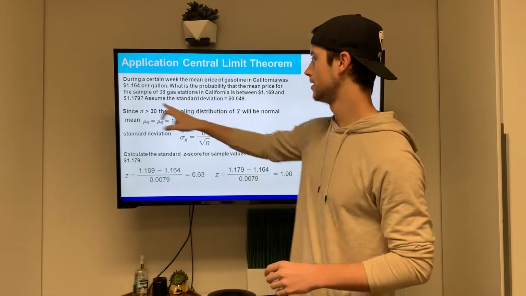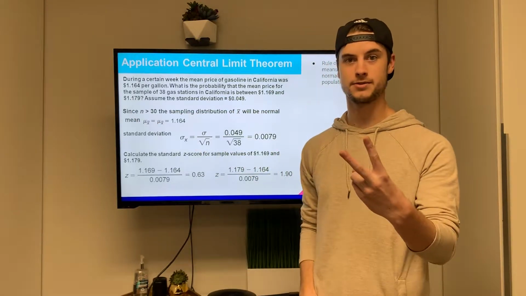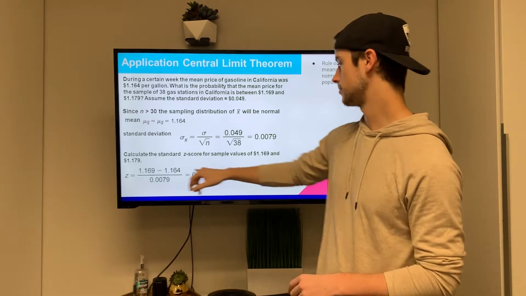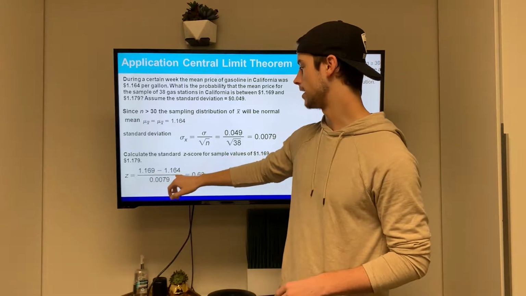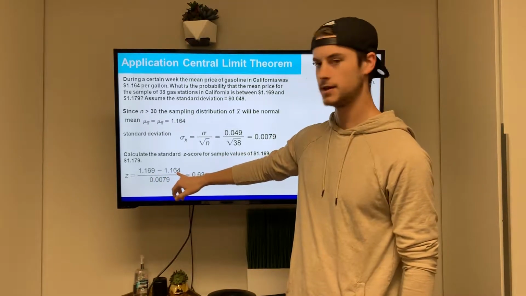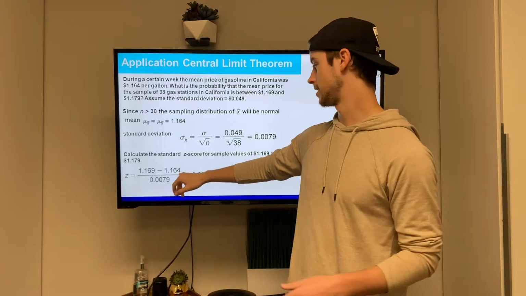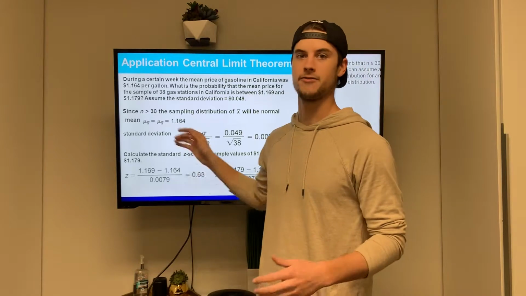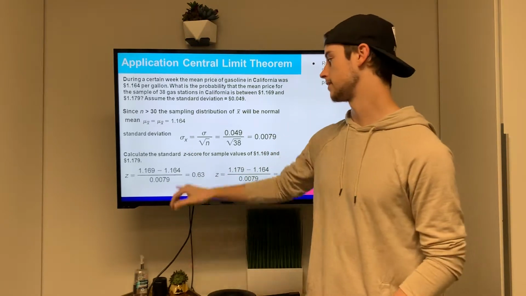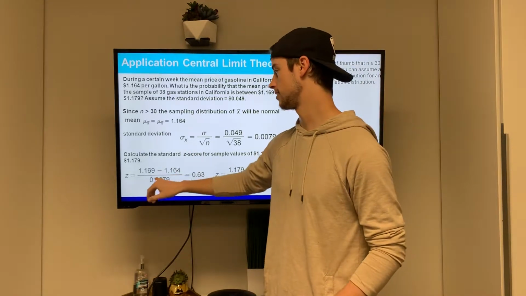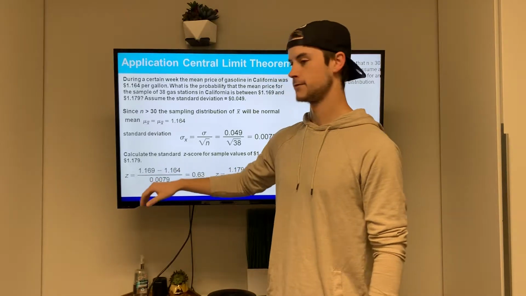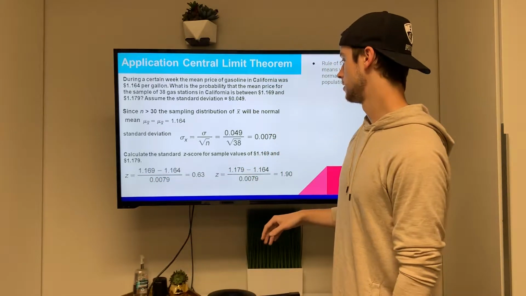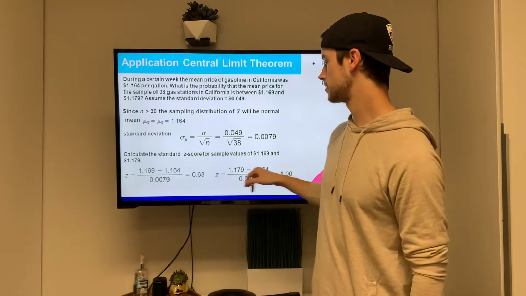We have this one and this one. So we have to find two different z-scores, right? So in this case, we have 1.169 minus our sample mean, which of course is our population mean. But since we're trying to find the z-score of the sample, we take our sample mean, and then we divide it by our standard error, right? And we do that for both scores.